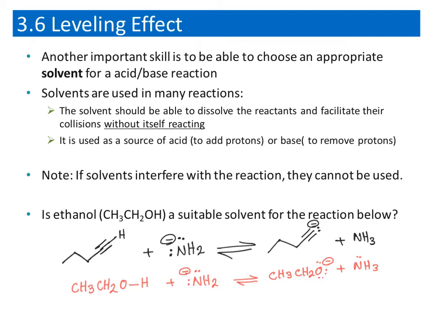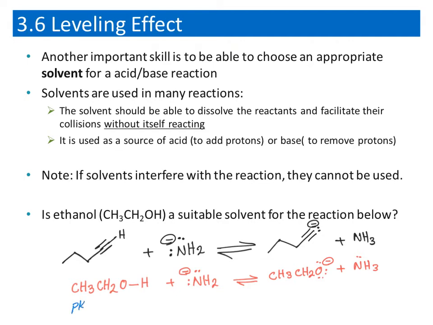Using the information that we have learned, we need to predict which side of this side reaction is favored, the product side or the reactant side. What we can do is compare the pKa of the acids on both sides. In this part, we have alcohol.